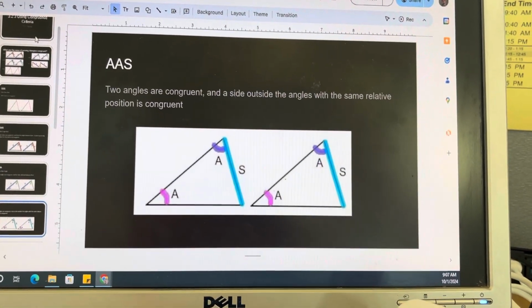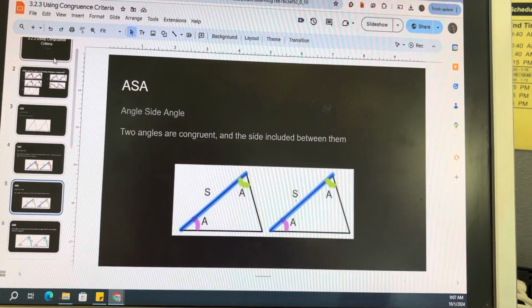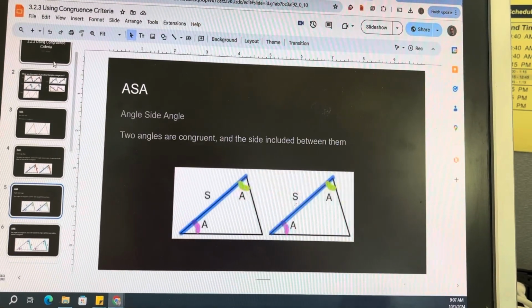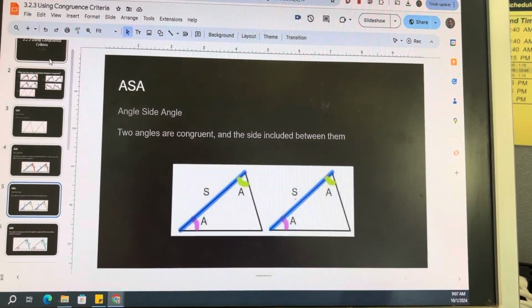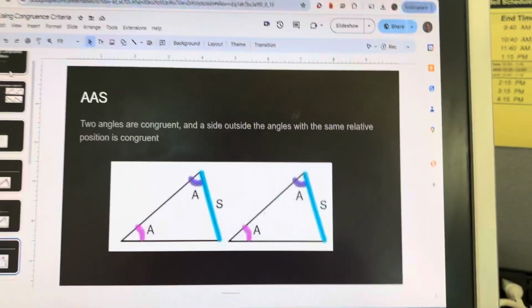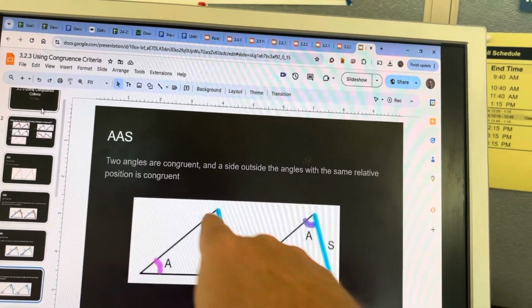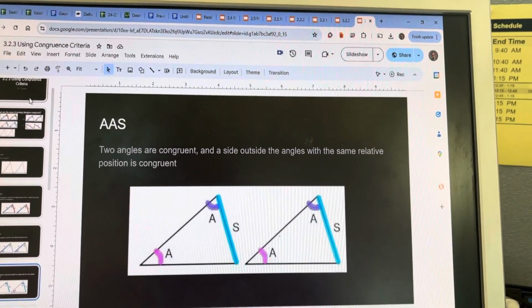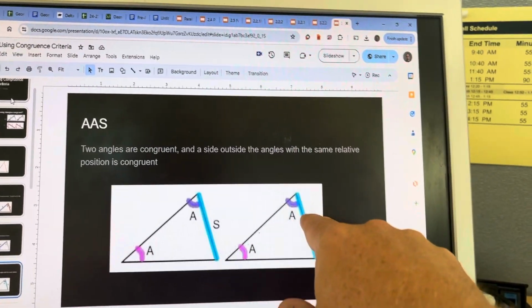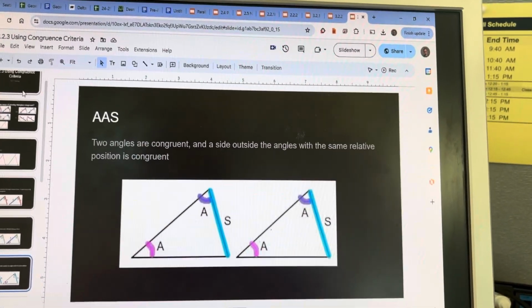The next one is angle, angle, side. It's very confusing between angle, side, angle and angle, angle, side, but look at the pictures. For angle, side, angle, both angles are touching the side. For angle, angle, side, we have two angles and the same relative angle is touching that side. If this side was over here touching the lavender, it wouldn't work.